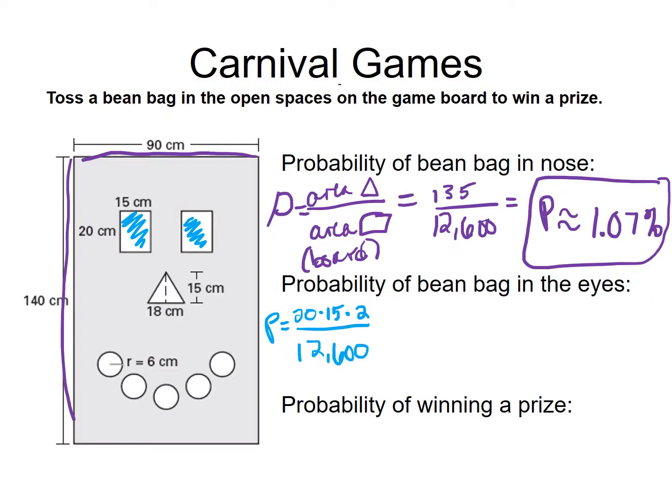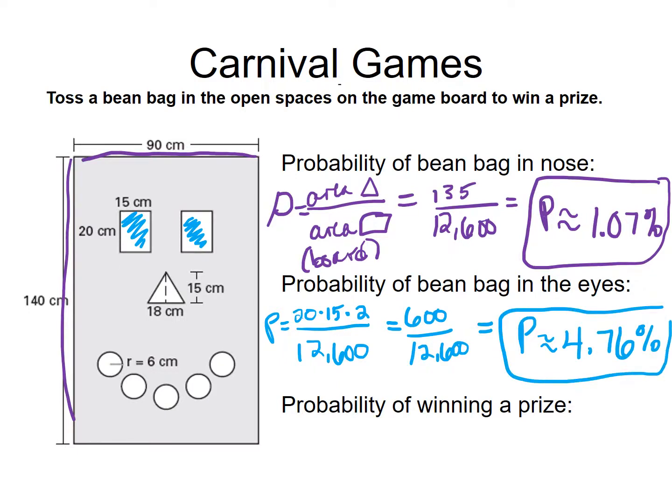So 20 times 15 times 2 is 600 out of 12,600. And if we find that decimal in our calculator, we get about 0.047619, or a probability of roughly 4.76%. So that's our probability of landing the beanbag in the eyes.